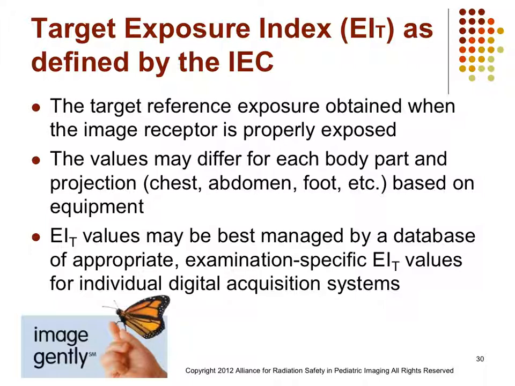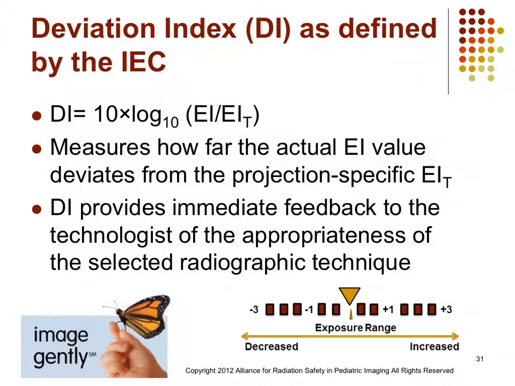So these are just going to be managed by a database. You're not going to have to memorize all of these EITs and say, okay, I got this EI, now how does that correspond to the EIT? No, the computer system is really going to store that information, and in the end, it's going to give you a value that's going to be the deviation index. And that's where we're at here.